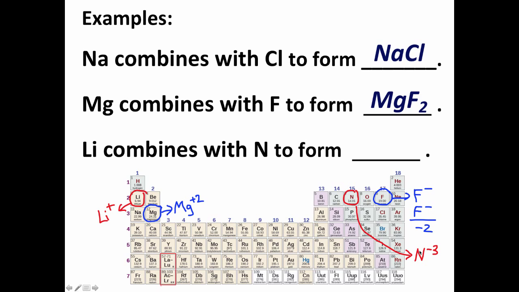These will attract each other, but the charges don't balance unless there are just enough positively charged lithium ions to balance off the -3 charged nitrogen ion, and so that would give us Li3N, or lithium nitride.